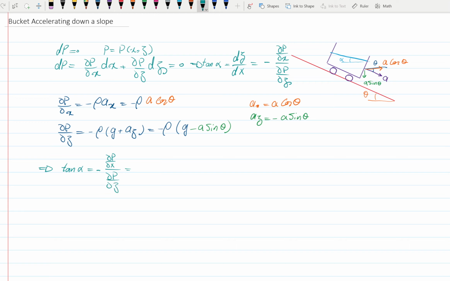So now let's substitute. That's going to be, there's a minus sign in front first, minus negative rho a cosine theta divided by negative rho times g minus a sine theta, right? And then rho goes away, the minus sign goes away, so we're left with minus a cosine theta divided by g minus a sine theta.